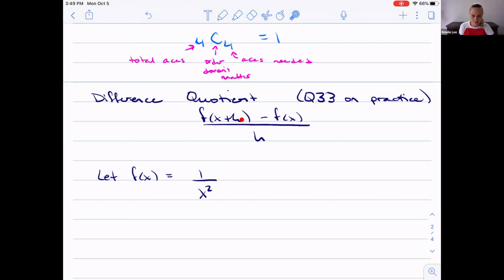So we need to know what f of x plus h is. And it might just be cleaner, if we're just starting with difference quotients, to not plug in f of x plus h in here, but to figure out what f of x plus h is on the side and then plug it into the actual difference quotient.